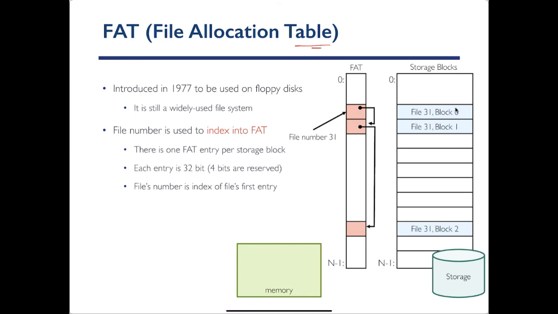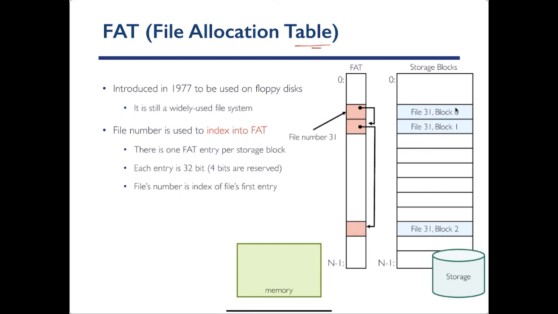Now with FAT, it's pretty straightforward. Whatever your file number is, you come to your FAT table and you look at the entry for that file number. So if your file number is 31, you look at the 31st entry in your FAT table. If your file number is 10, you look at the 10th entry of your FAT table, and that would give you the first block.